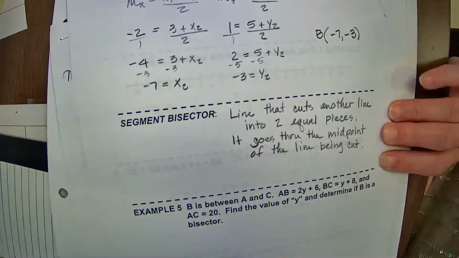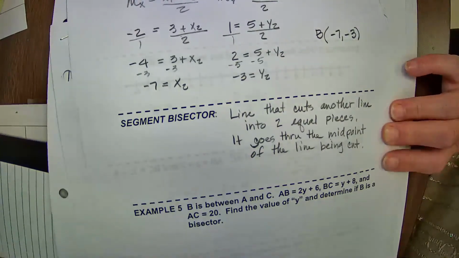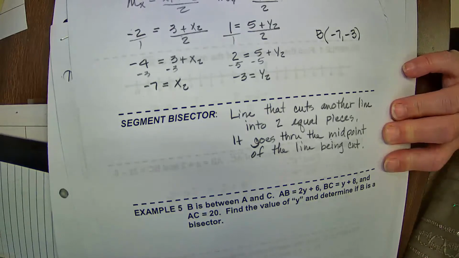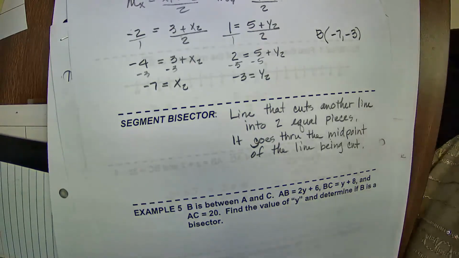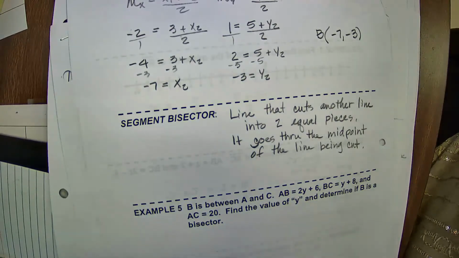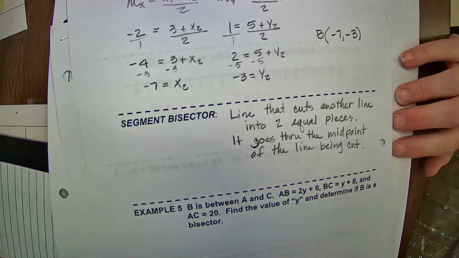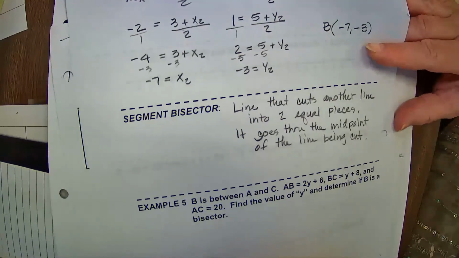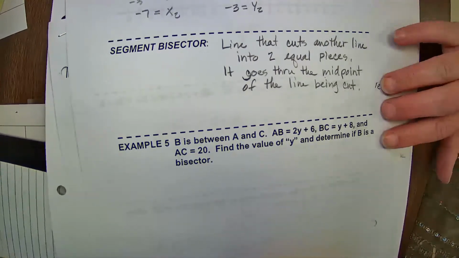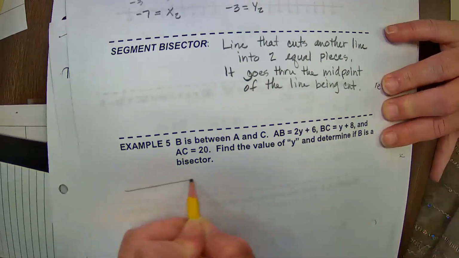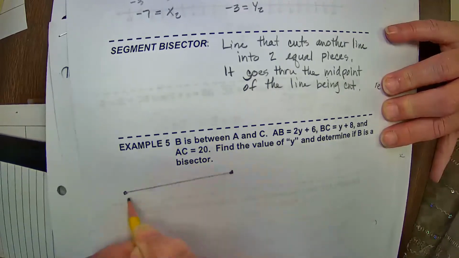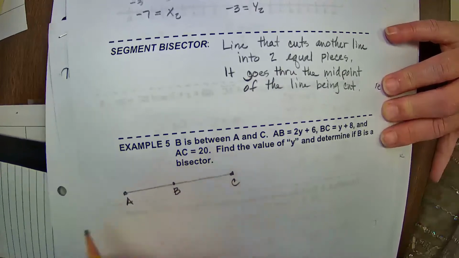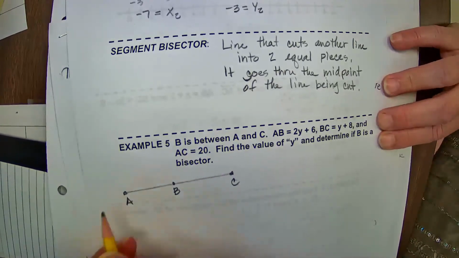So if they tell you something is a bisector, they may or may not mark things as being equal, but you've got to realize that if they say it's a bisector, it's cutting something into two equal pieces. Okay? So, for instance, it says B is between A and C. A, C, and B. Okay.